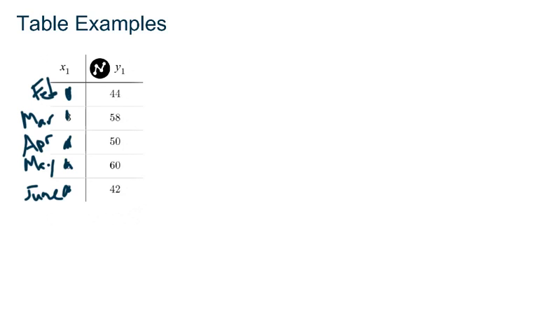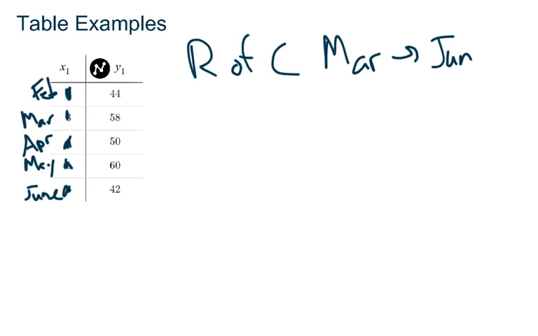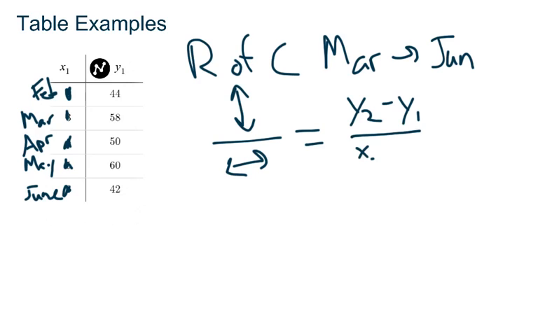So let's say we want to find the rate of change from March to June. Well, to figure out that, we're still going to do this ratio of how far we've gone up or down versus how far we've gone left or right. Or I could also think of it as the formula of y2 minus y1 over x2 minus x1.